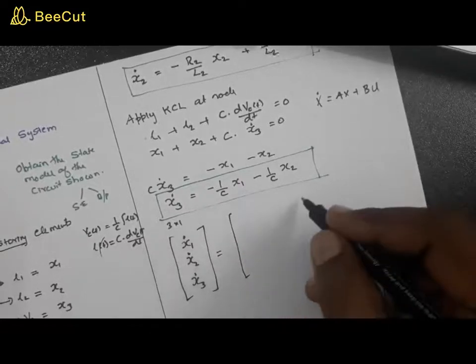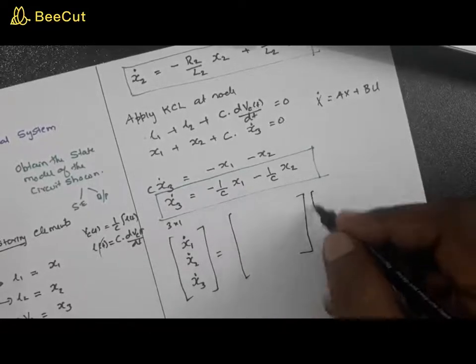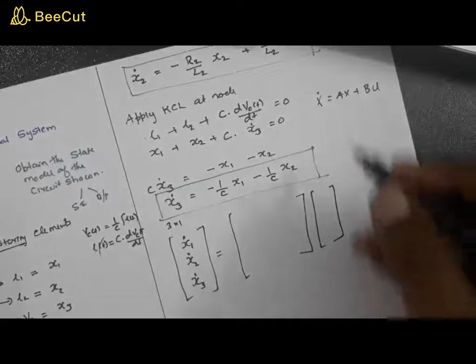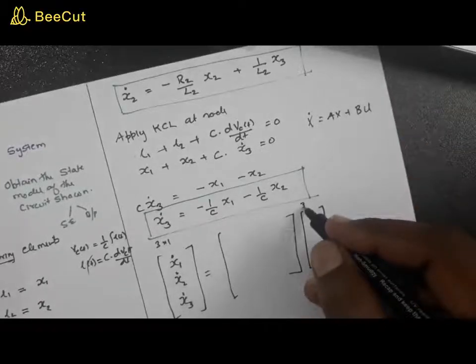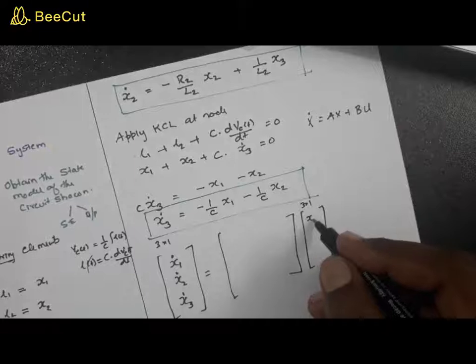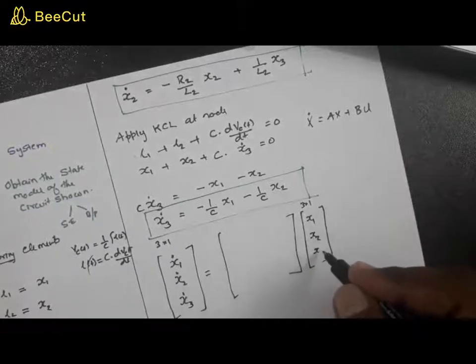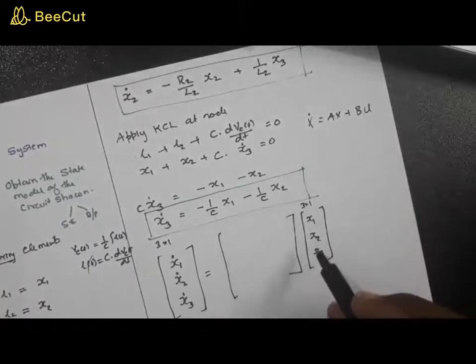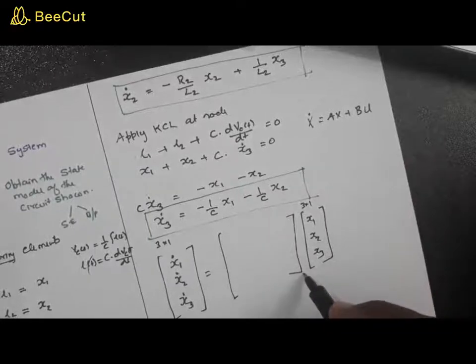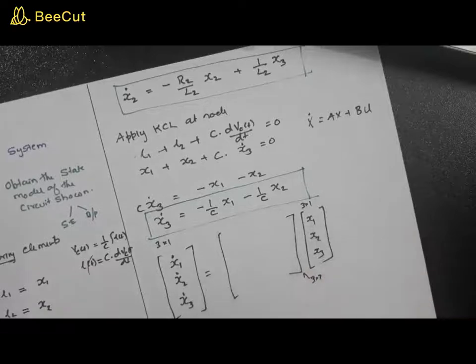And since you have 3 state variables, this x will be a 3 into 1 matrix again, with x1, x2 and x3. These are the state variables. And this must be a big matrix, which is a 3 into 3 matrix. So you can complete that using these equations.